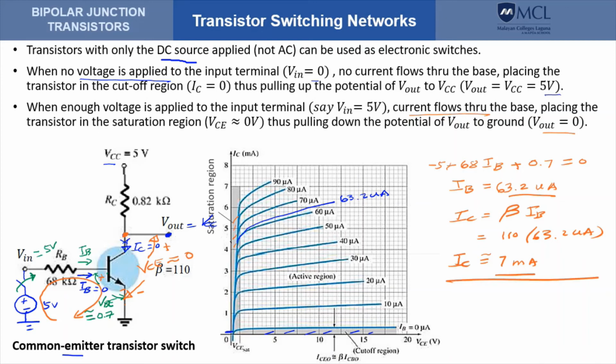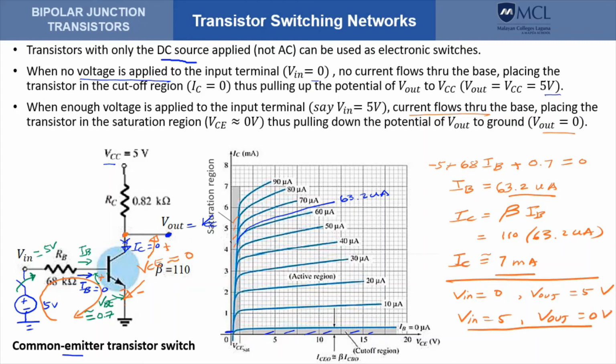So in summary, if V in is equal to 0, we have V out equal to 5 volts. And if V in is equal to 5, we have V out equal to 0 volts.